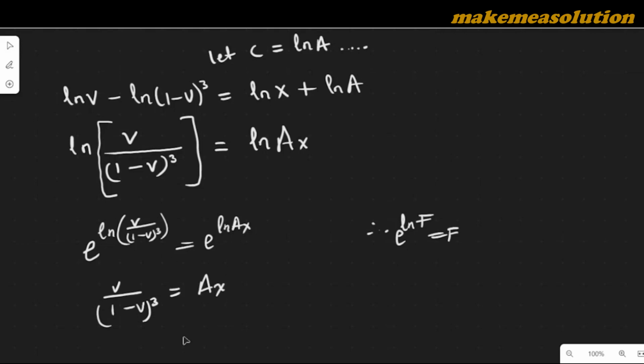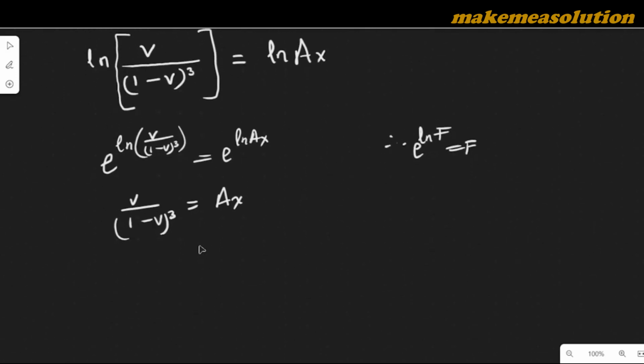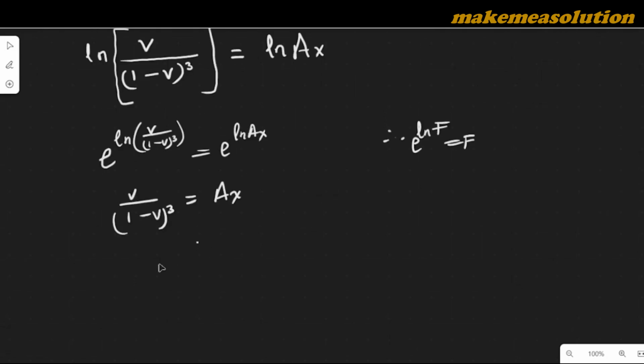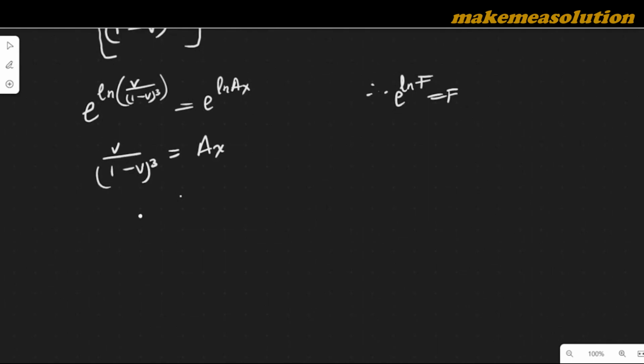Let's see how this eventually simplifies. We're going to get v is equal to ax into (1 minus v) raised to the power of 3.